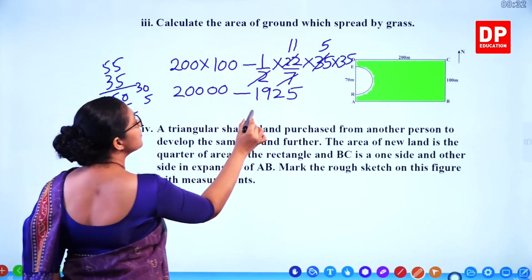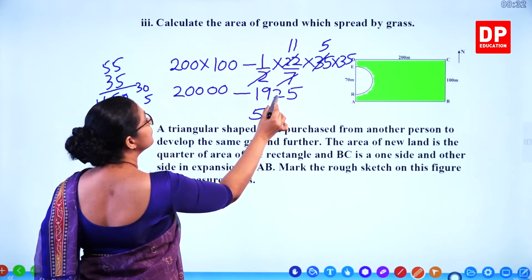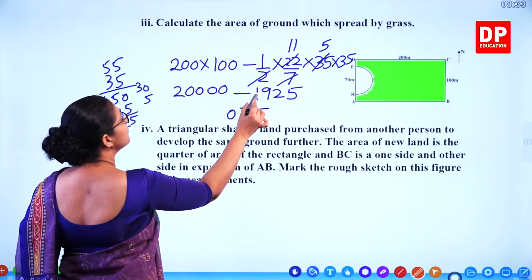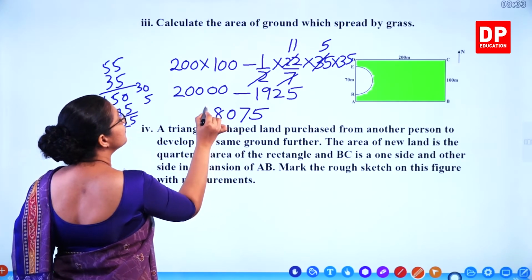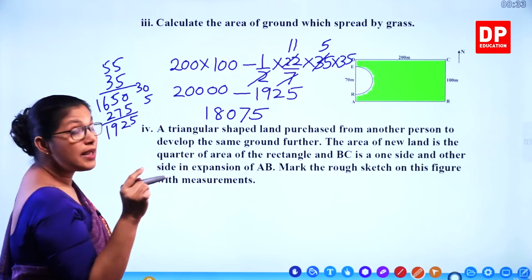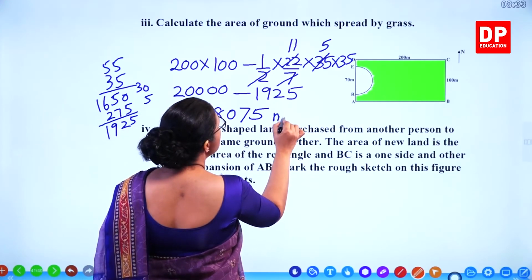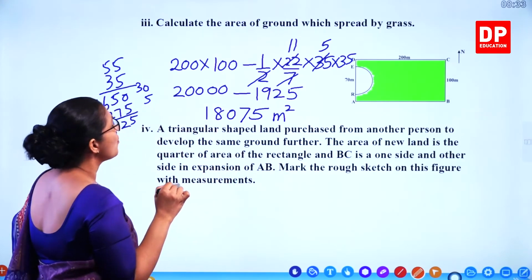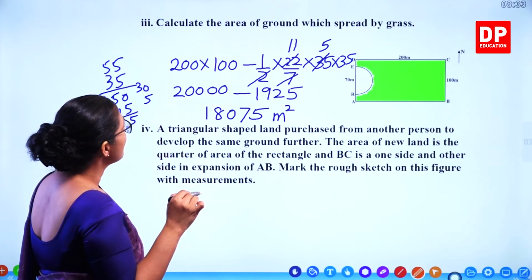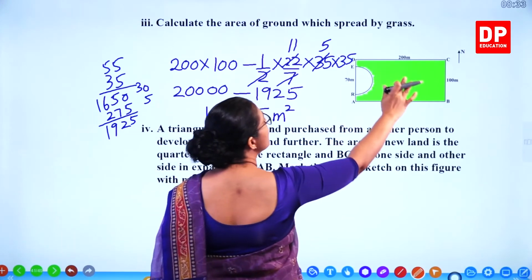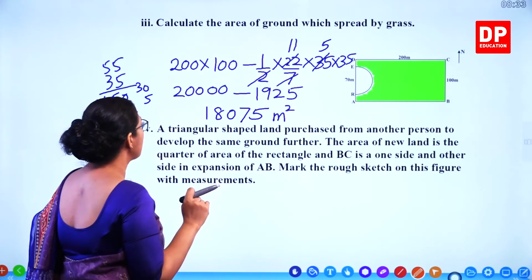Now subtract. 18,075. What's the unit? Meters square. So 18,075 is the area of this green part.